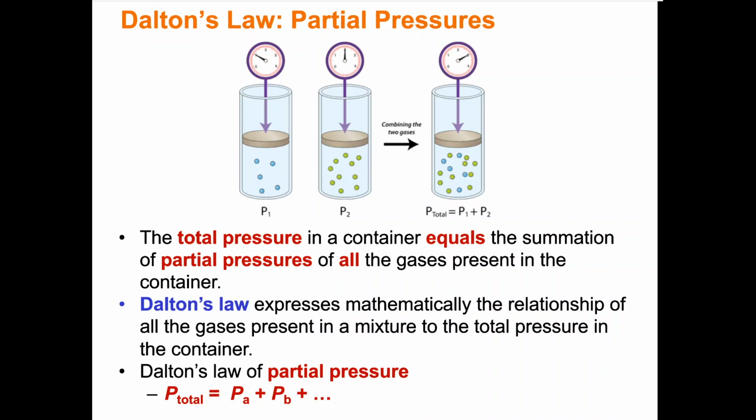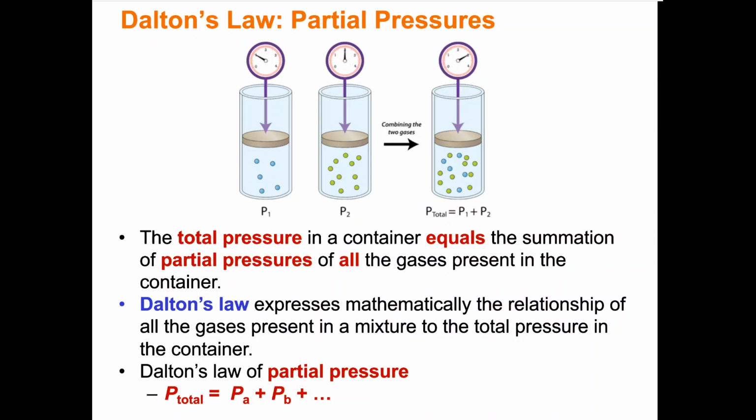Then we took our ideal gas law, rearranged it to fit what we needed, plugged everything in, and we end up with this number of moles. Okay, so that's how to use the ideal gas equation.